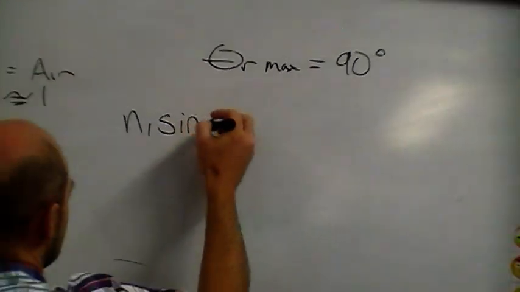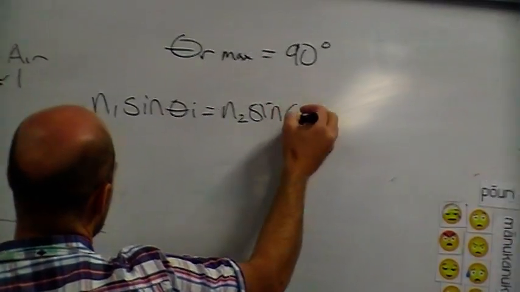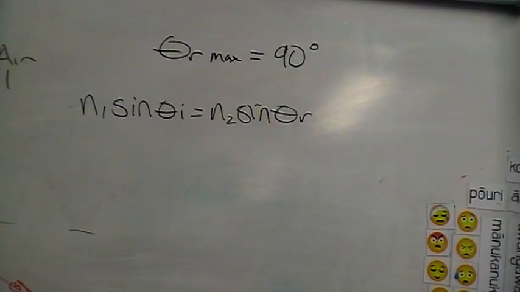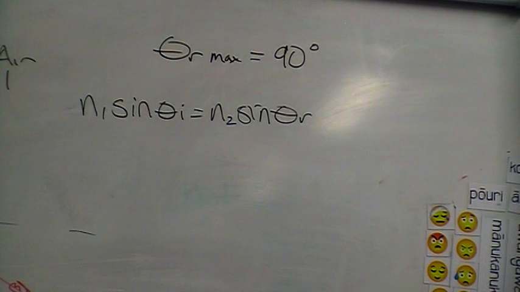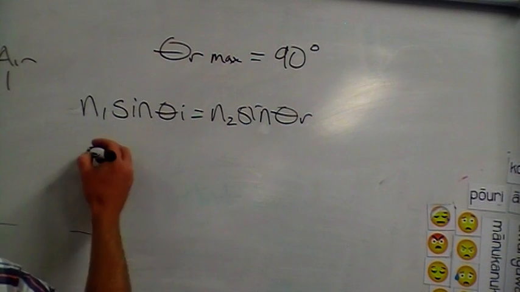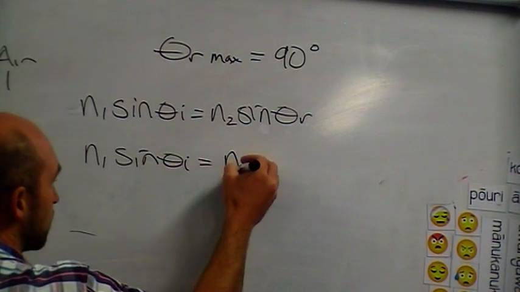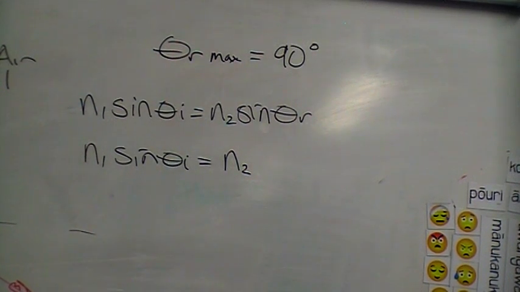n1 sine theta i equals n2 sine theta r. We want to find out what the maximum is. Theta r is 90. How much is sine of 90? 1. Good. If you put it into your calculator, sine of 90 is 1. So who cares about times by 1? Let's rewrite this: n1 sine theta i equals n2, because the maximum sine theta r is just 1.